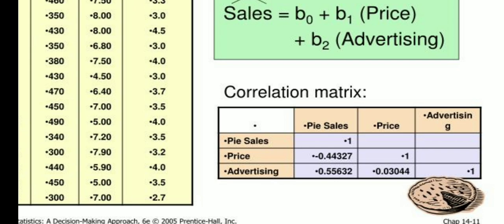Similarly, price with advertising is minus 0.03044. It means there is a negative correlation between these variables.